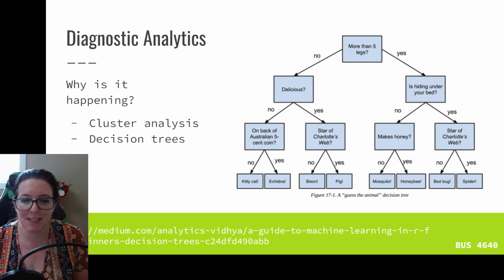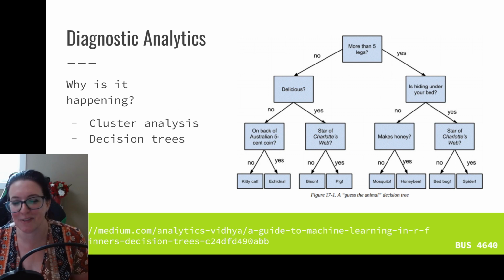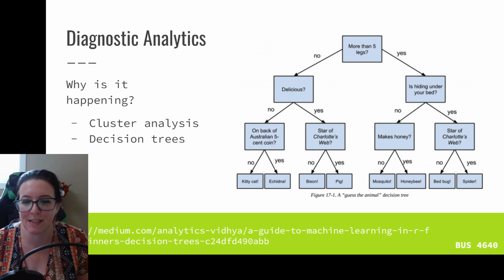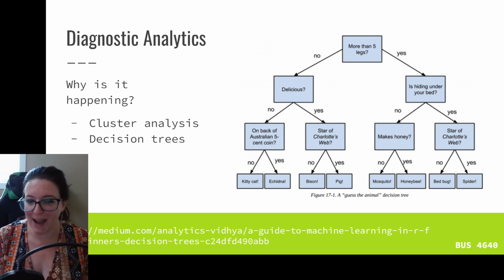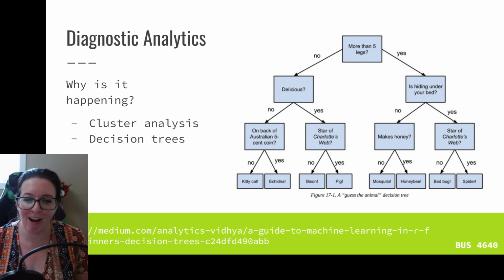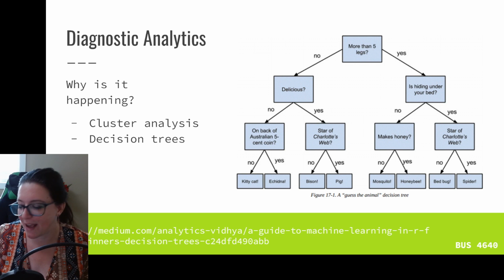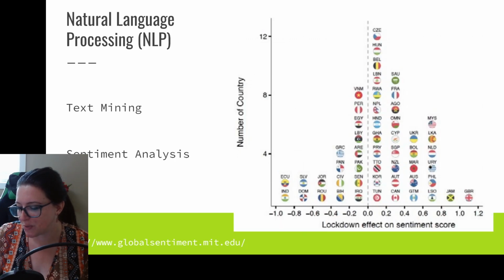And so we're classifying different individuals, different customers, different employees based on preferences to better understand why our employees are happy or sad or engaged or not, why our customers are buying particular products. And so we're trying to drill down to better understand what's happening with each group of individuals.